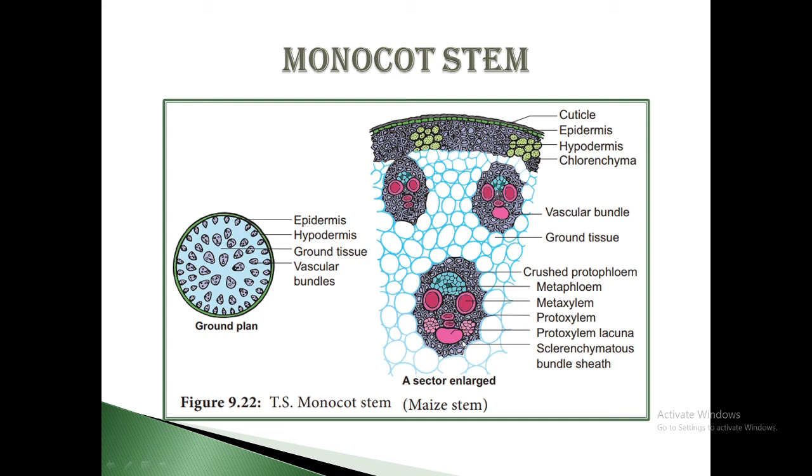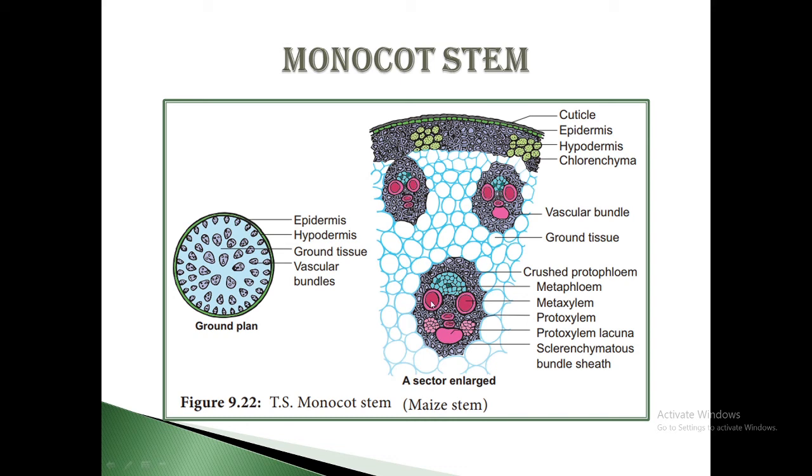The vascular bundle consists of two parts, the primary xylem and primary phloem. In the figure, these red patches are the xylem region, and this is the phloem region.